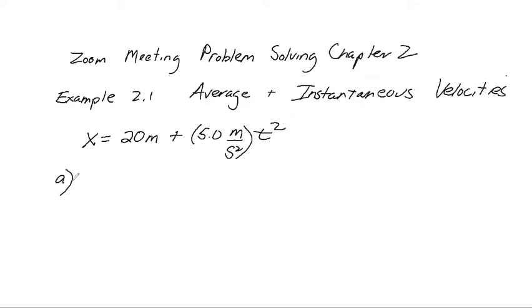A, find the cheetah's displacement between t1 equals 1 second and t2 equals 2 seconds.